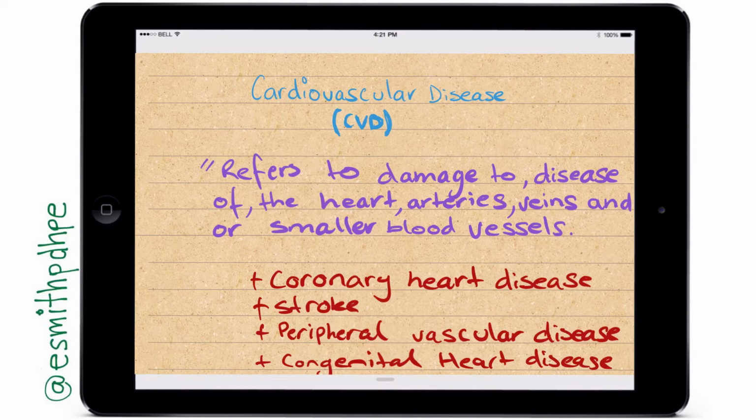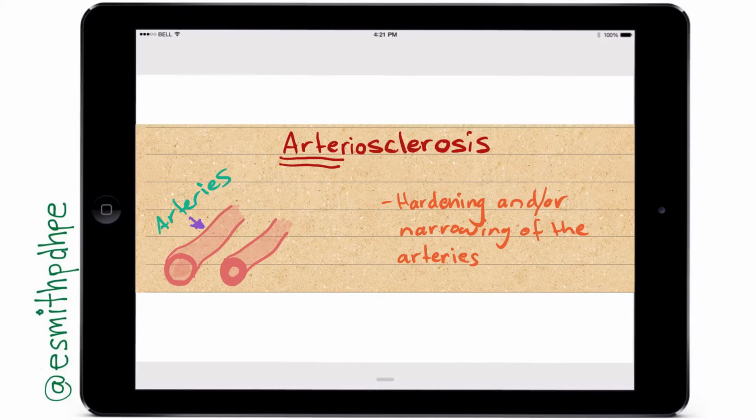When we start to have a look at cardiovascular disease, we look at two conditions, arteriosclerosis and atherosclerosis. So arteriosclerosis basically looks at the hardening and or narrowing of the arteries. So obviously if we're going to have a look at cardiovascular disease, we're having a look at diseases that are affecting the heart or the arteries and the blood vessels that carry blood to the heart.